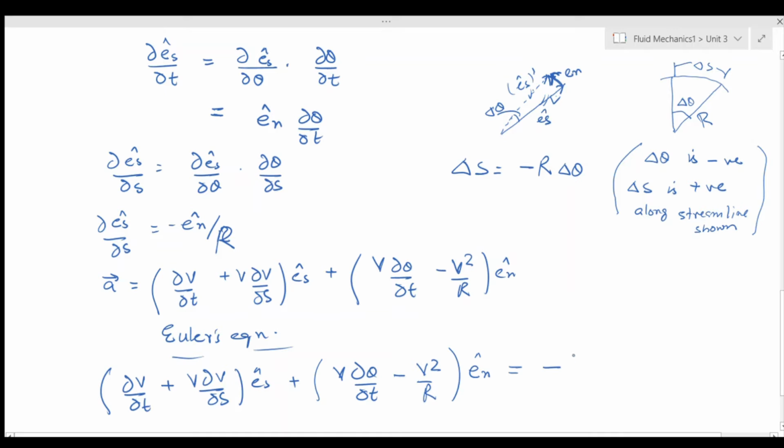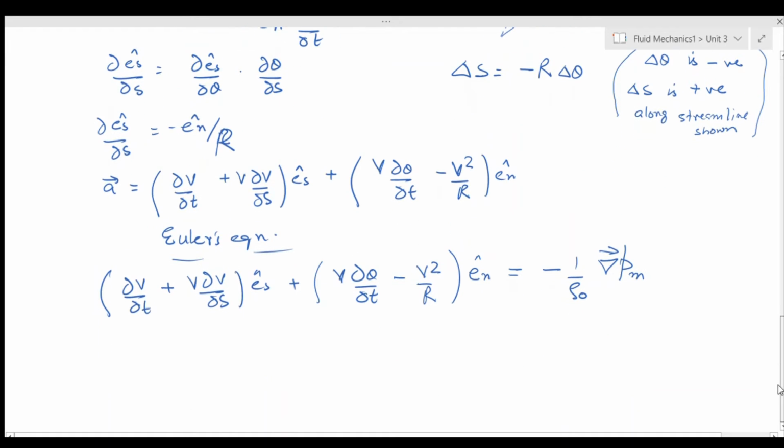This is equal to minus 1 by rho naught del Pm. Pm is my motion pressure. So now this is my vector equation. Now this would give me two components.